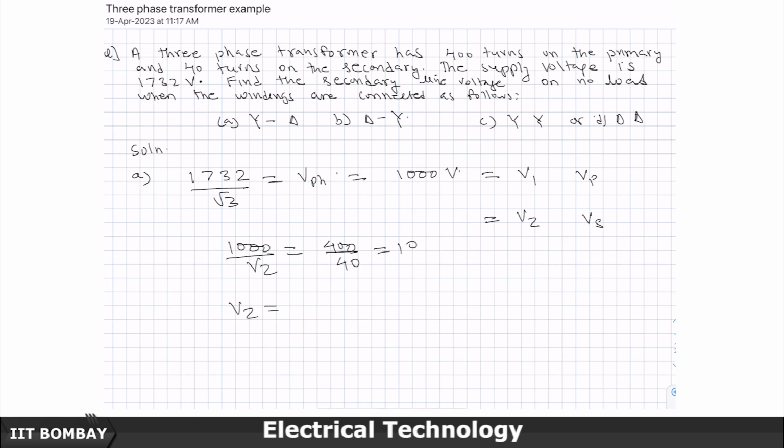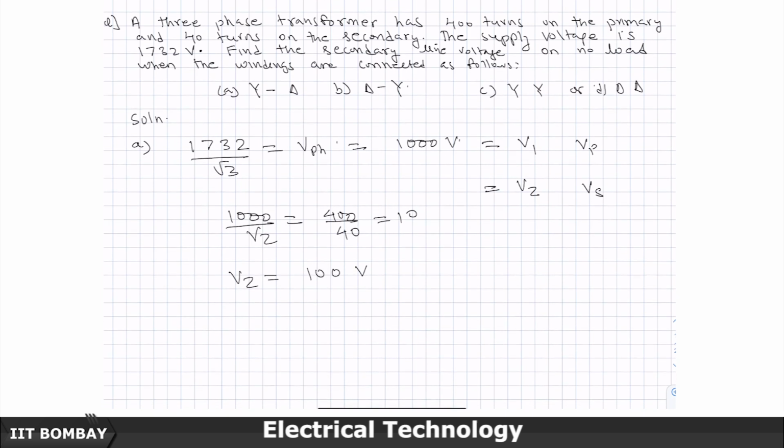So V2 is going to be equal to 100 volts. Now, the secondary is connected in delta. So whatever terminal voltage comes across the transformer will also be the line voltage. Therefore, this V2 is the line voltage on the secondary side.